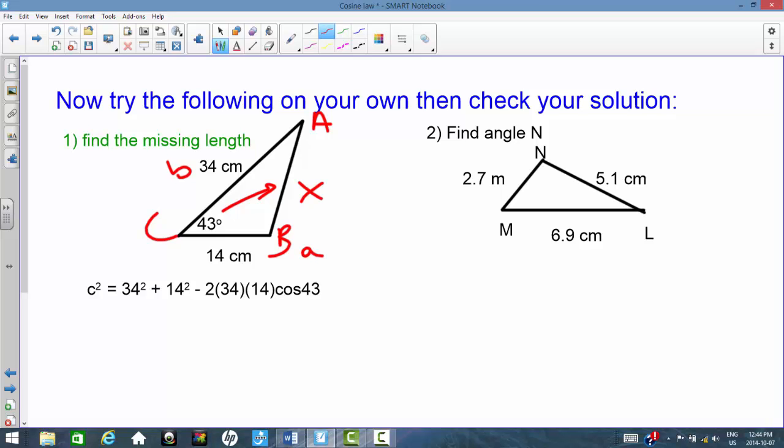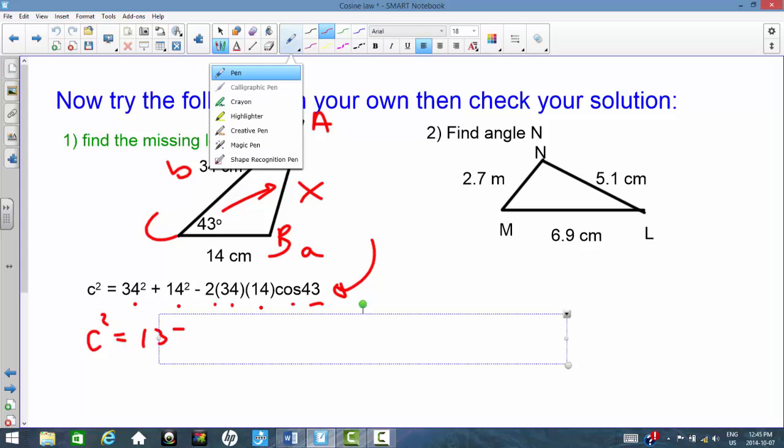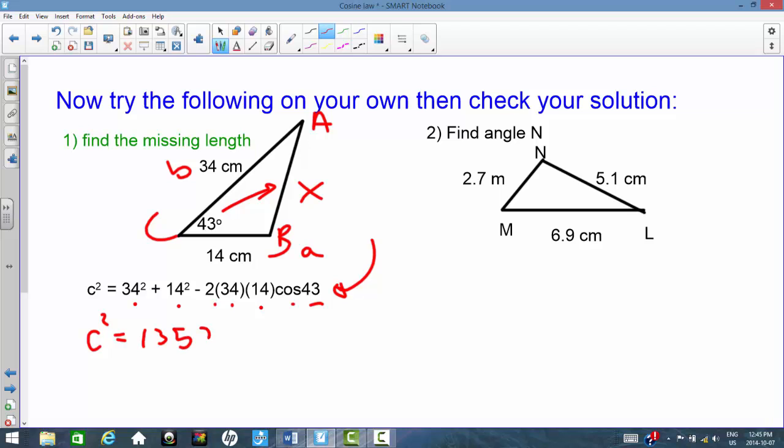So I've taken all the information that I have and I've substituted it into the formula. Okay, so c squared equals a squared plus b squared minus 2 times a, b, cos of the angle. Now, I just simply calculate that out and I end up with c squared equals 352 minus 952 cos 43.